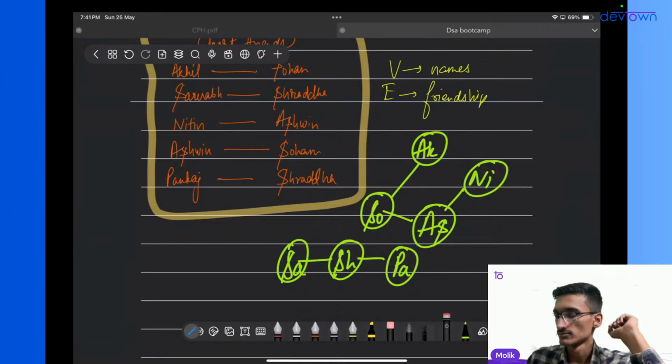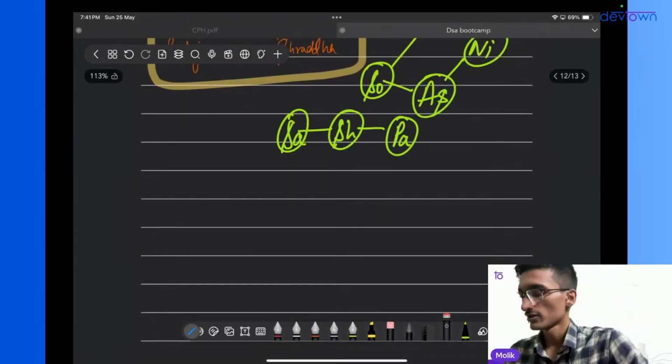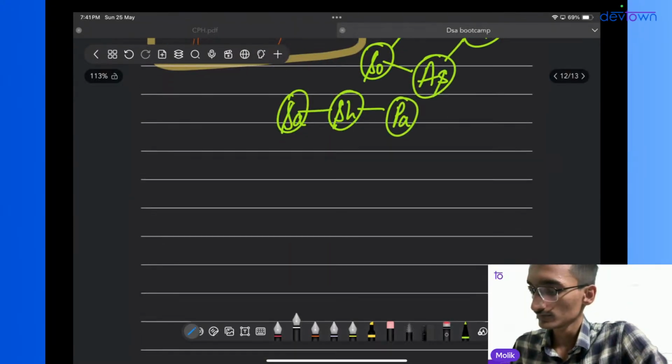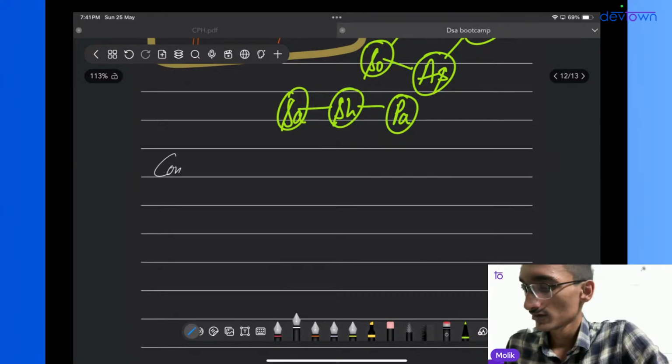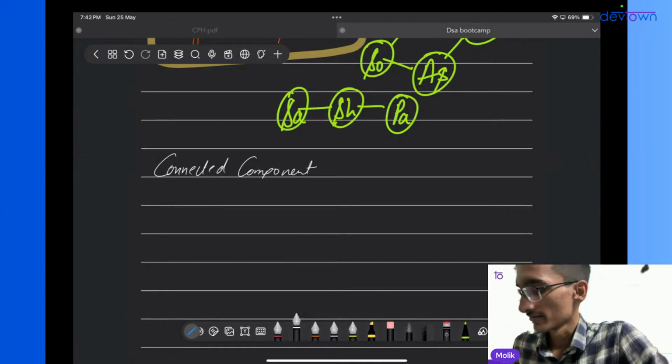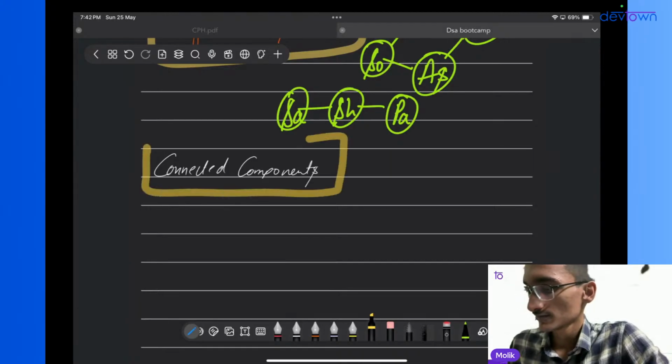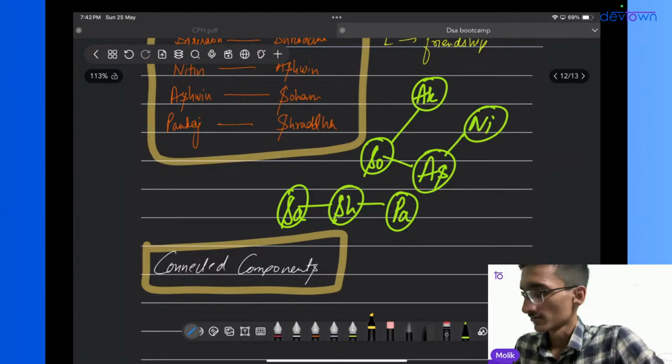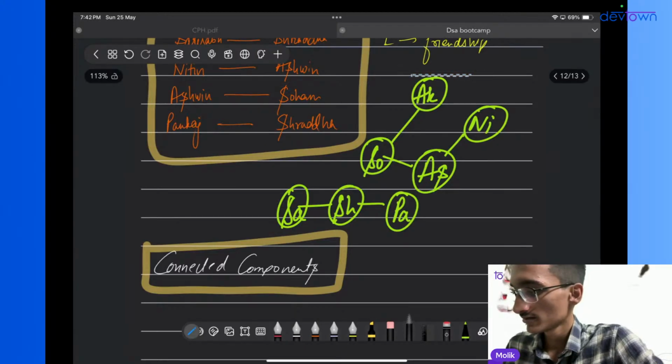So now coming on to the concept of connected components. What are the connected components?